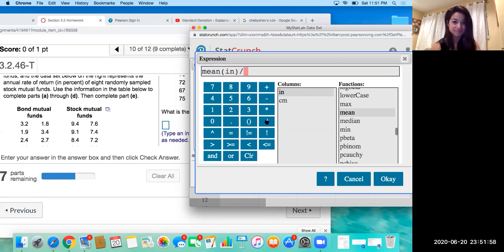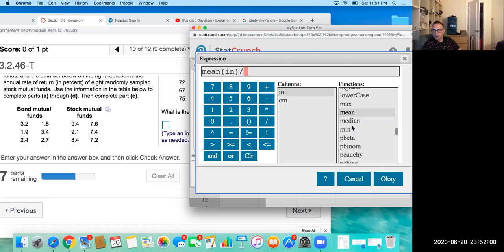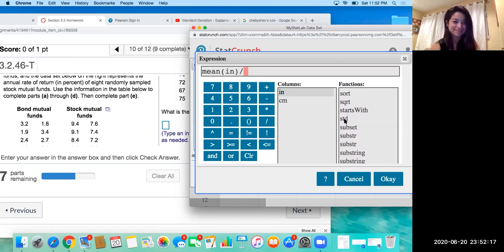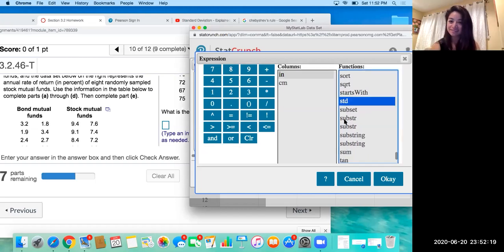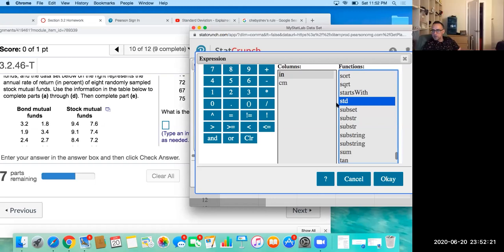And then go to standard deviation. Go to functions and go to S. I'm just curious if this works. Is it STD? Maybe STD? Oh, dang. No. Once I click it, you wait, scroll up.